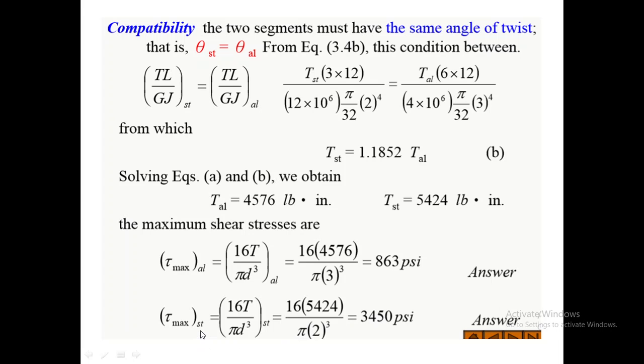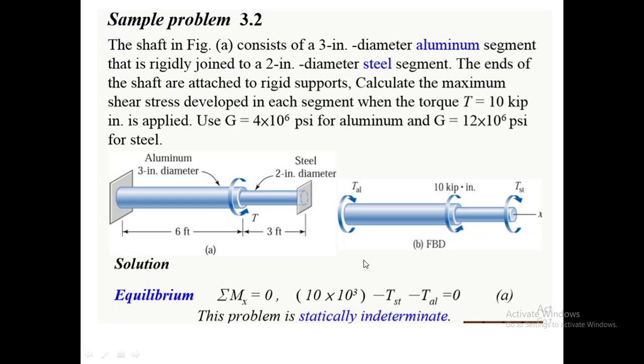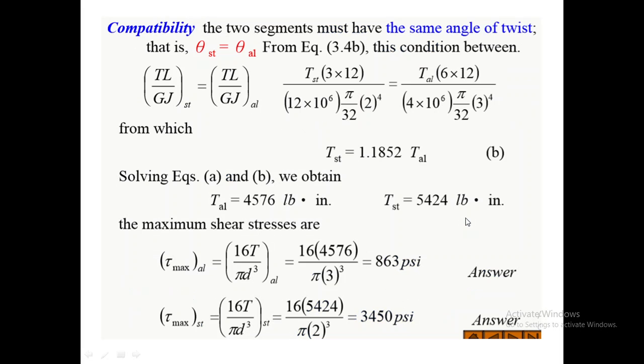Also the steel diameter is less compared with the aluminum, so obviously the shear stress in the steel will be more because D is in the denominator here. So you can see that shear stresses will depend upon the torque and the cross-sectional area of that material.